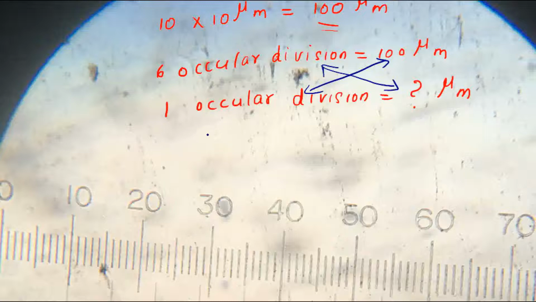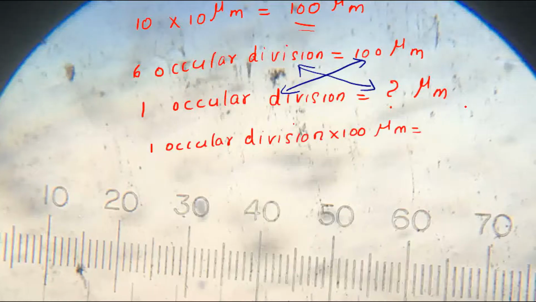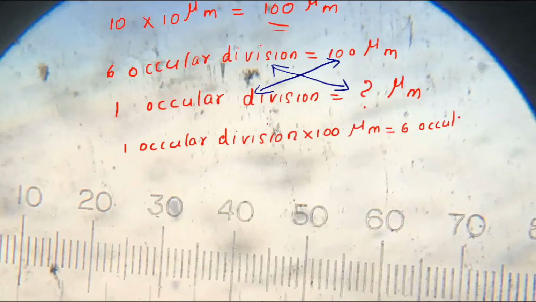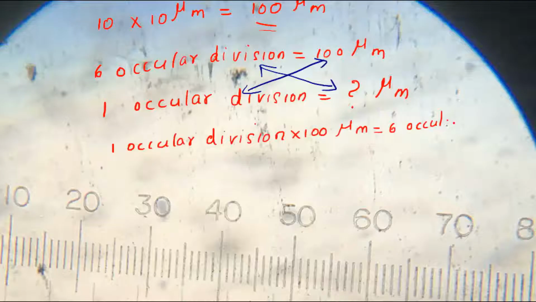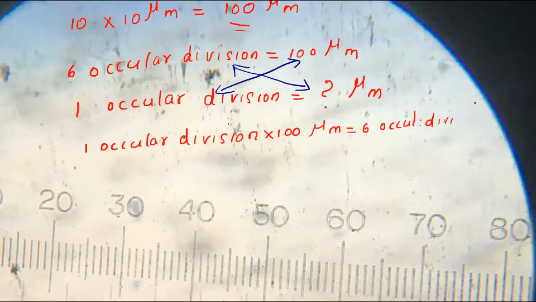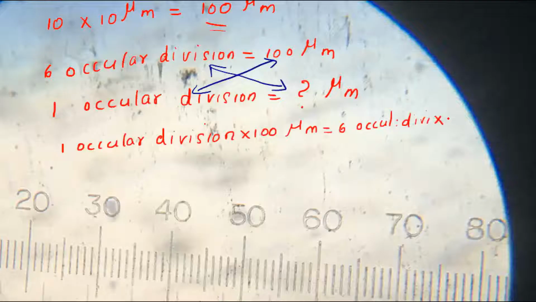In what way we can write: 1 ocular division into 100 micrometer, which is equal to 6 ocular divisions, I am writing in short form, otherwise there is no space, into unknown micrometer.